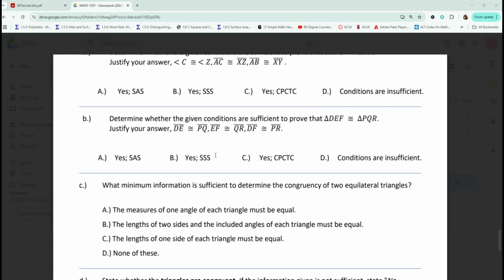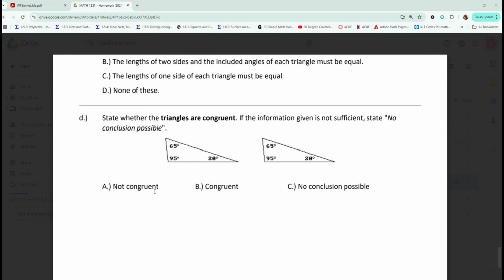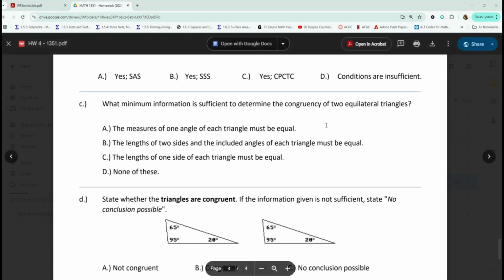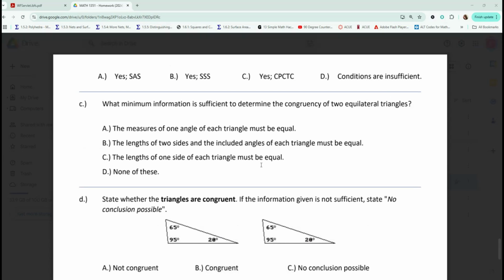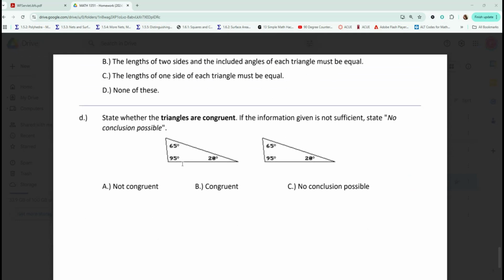Okay, so for part A and B of 10, and then again on C, basically you just need to see what is the information that you need. So what is each one giving you to determine if they're two equilateral triangles. Remember, equilateral means all the sides are equal. And on this one, again, you want to see if they give you enough information, and I kind of answered this earlier, enough information to determine if the triangles are congruent.